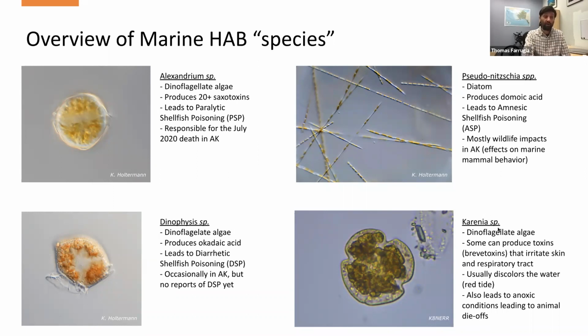That created a lot of fatality of crabs and invertebrates and fish, and a lot of impacts on people's respiratory systems as well during this kind of red tide event that happened there last fall. So not impossible to see it having the same kind of effects in Alaska at some point as well. So that's it. We'll go through each, how to look at each one individually in a minute here.